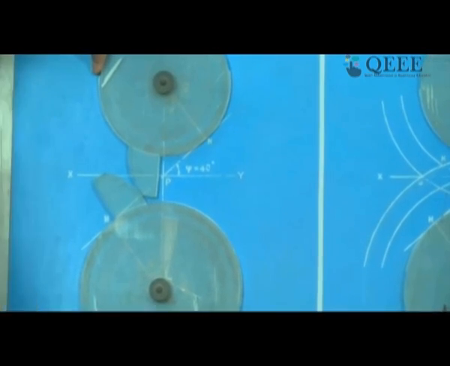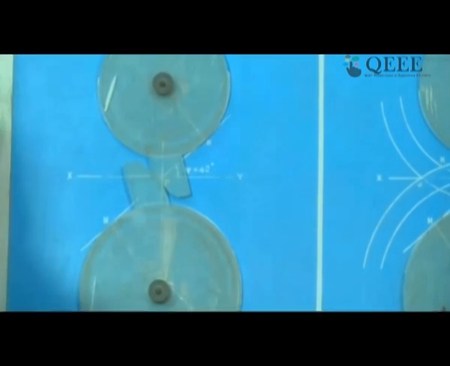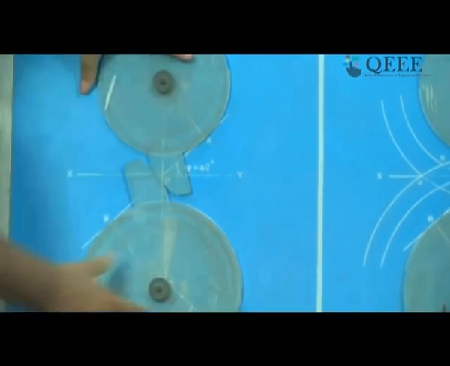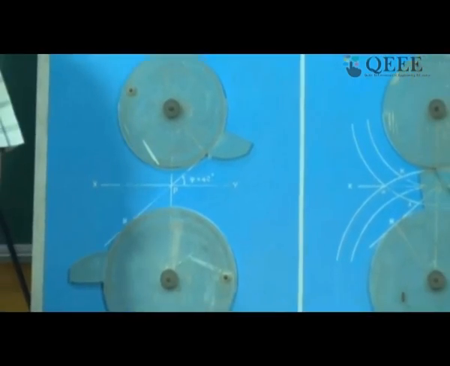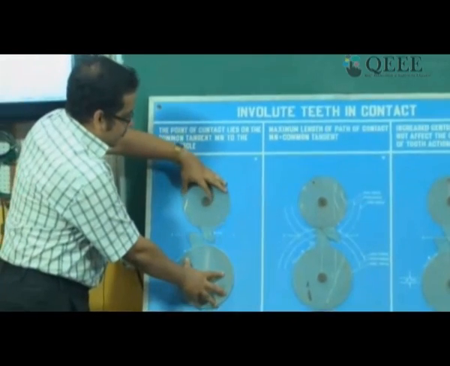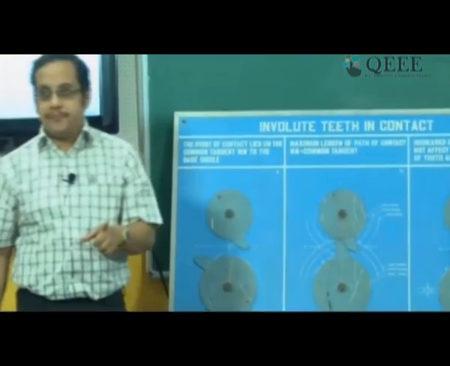In other words, the common normal, which obviously has to pass through the point of contact, is precisely this oblique white line. So what we have shown through this demonstration is that the common normal during the process of engagement, which is this white line, is not changing.